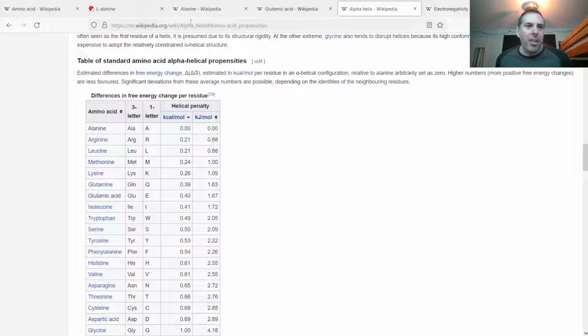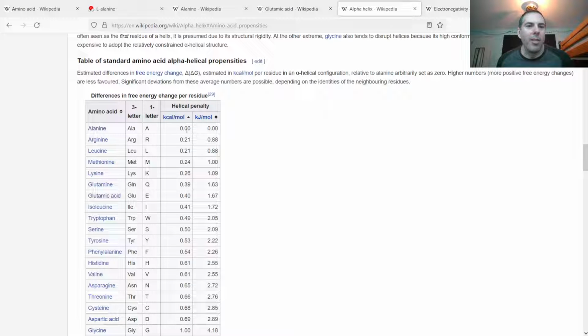This table here on the Wikipedia site for alpha helix, if you sort it by helical penalty, you can see alanine is 0 and everything else is positive above alanine. Helical penalty doesn't really mean much to me. It probably doesn't mean much to you, but it's a measure of the free energy change.